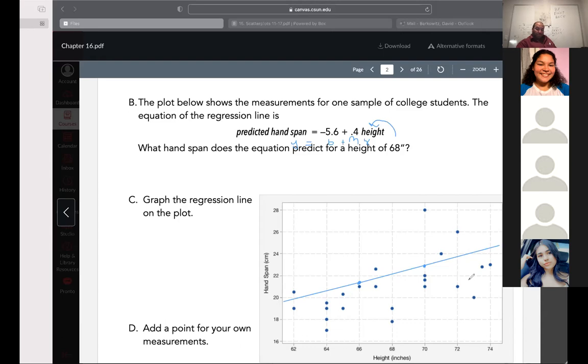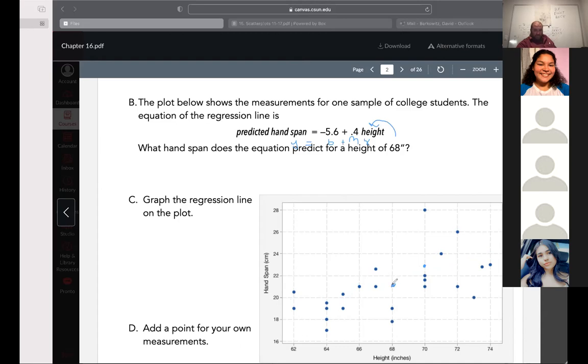I have a question on the graph. Why did you put the dot above 66 inches? That's why it was 68. Okay. It was 68 inches, right? Yeah. Okay, that's why I'm like, this doesn't look like it should be the right answer. So 68 should be 21.6.